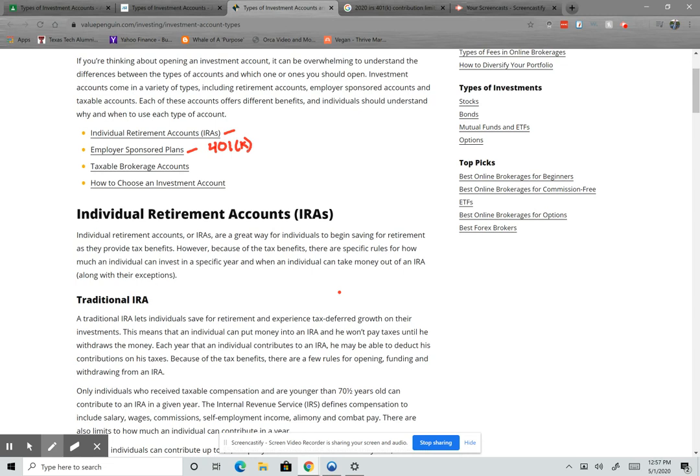All right, so you're better off than everyone else. This may be one of the reasons why baby boomers, on average, are horribly prepared for retirement, because all the responsibility was put on employees rather than employers.